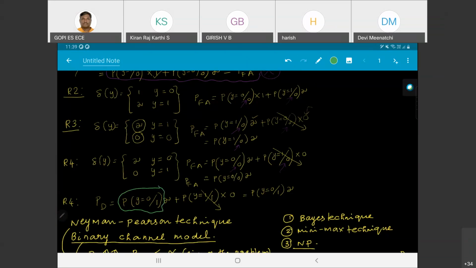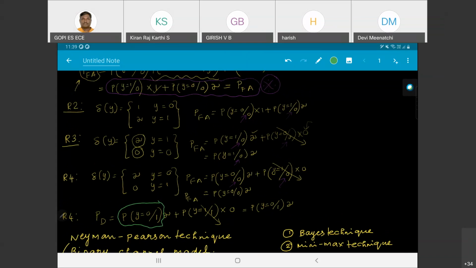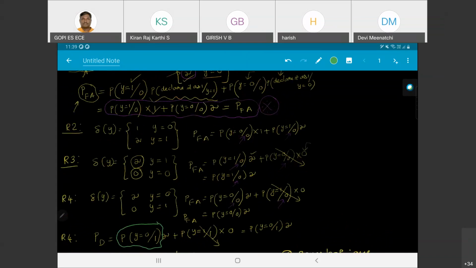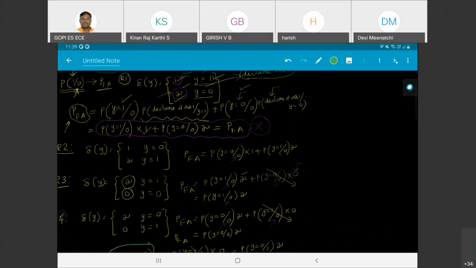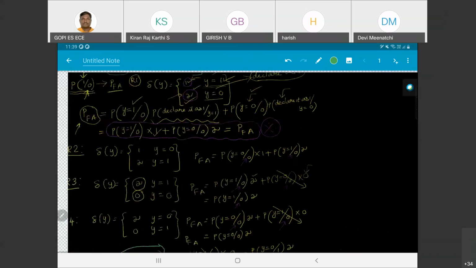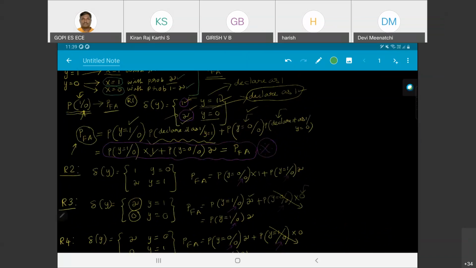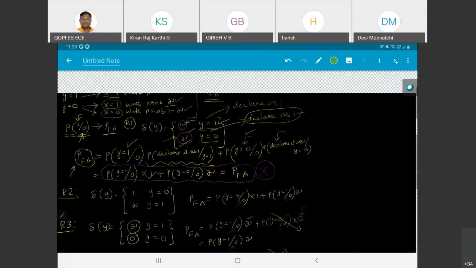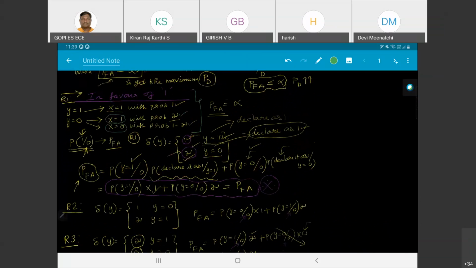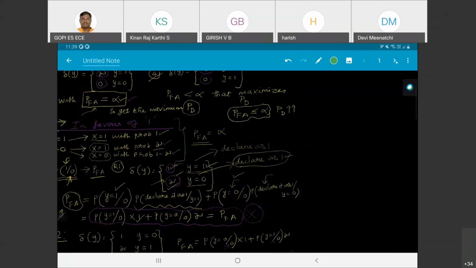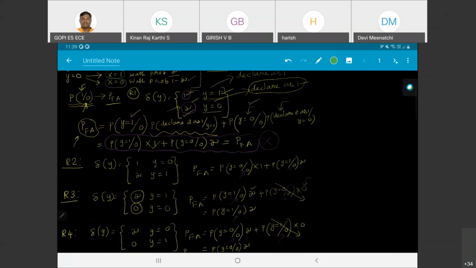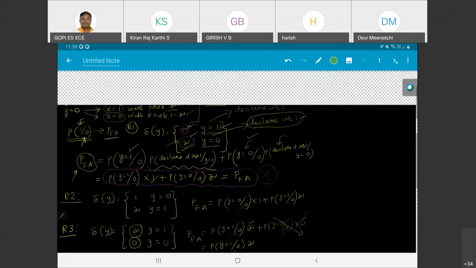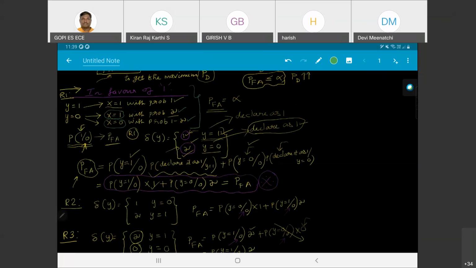So we have 4 rules. Just recollect what we discussed in the previous class. For rule 1, we have the expression for the false alarm as well as the probability of detection.